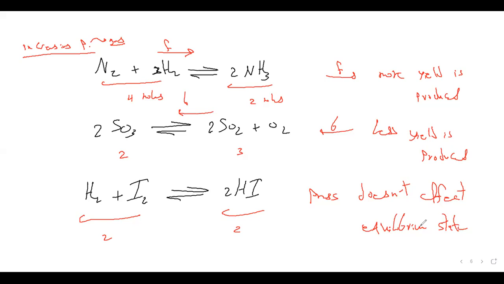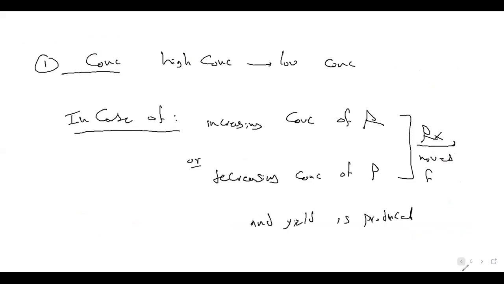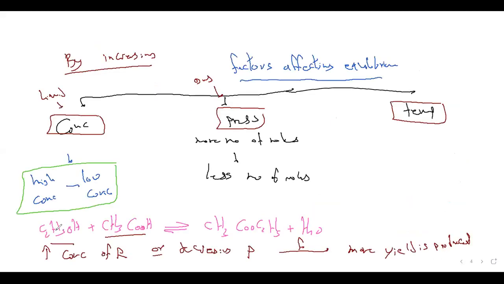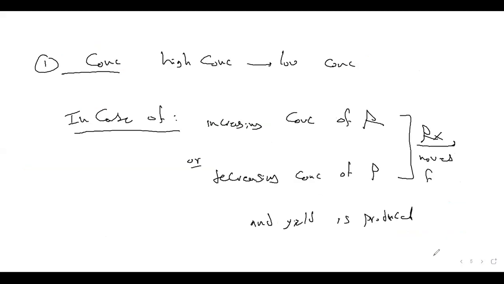Again, concentration moves from high to low. By increasing the concentration of reactants or decreasing the concentration of products, the reaction moves forward and more yield is produced.